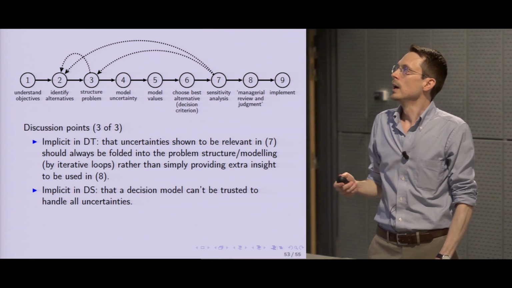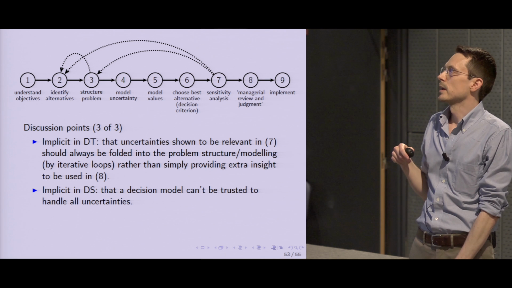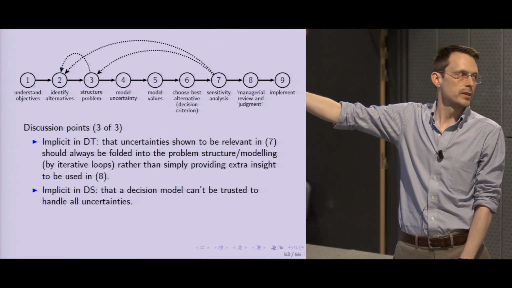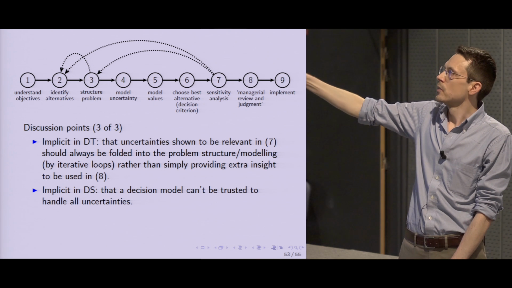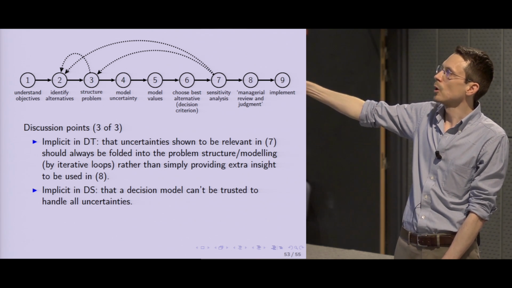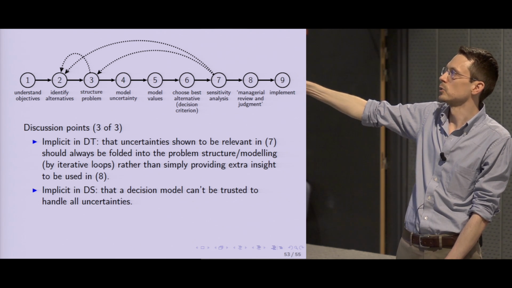Last point. I think it's implicit in decision theory that when embedding decision theories into this kind of process, the uncertainties revealed to be relevant here should always be folded back into the problem structure or the modeling by the iterative loops.